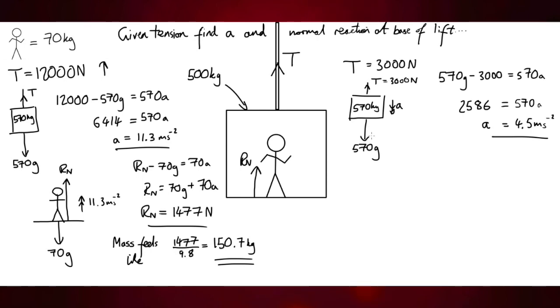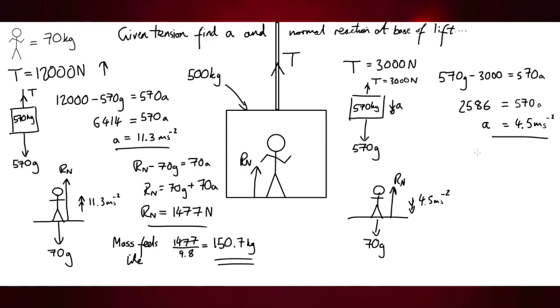So the reaction, again, base of the lift, our daredevil lift rider here, Rn this way, their weight 70 g this way, and we know that the acceleration is 4.5.